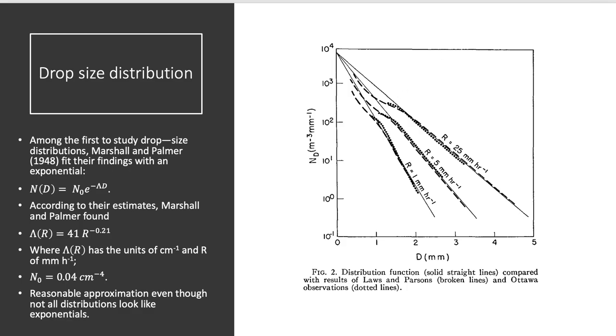After about 1.5 millimeter, notice that the observed behavior actually follows the line quite well. So these are fairly good descriptions for large enough radii, if you will.